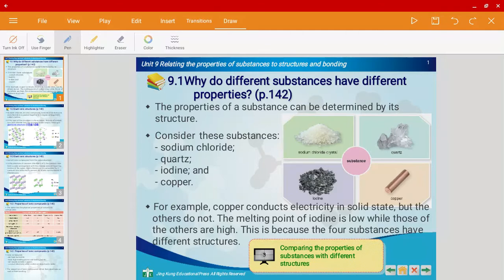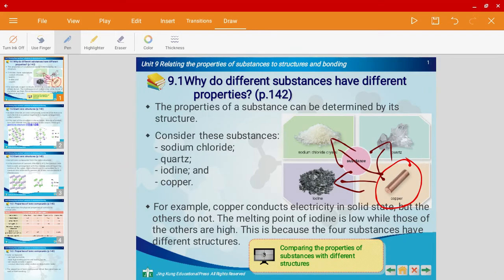Before we begin, I'd like to introduce why we need to learn about the properties, the structures, and the bonding. For example, let's look at the diagram over here. My question is, why does copper conduct electricity in solid state? Why can't the other three?